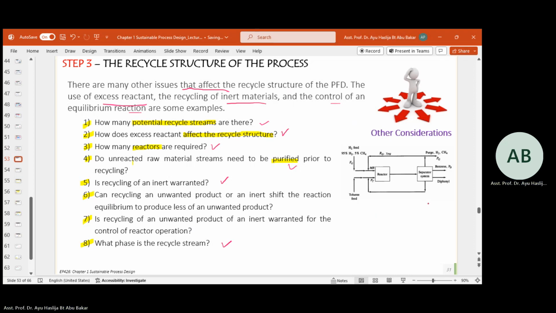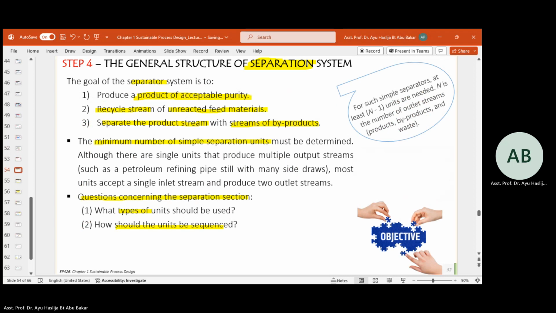Okay, so this is the example of the recycle process of a recycle stream. Any question on the recycle structure? Now we move to step 4, the separation system. Separation.